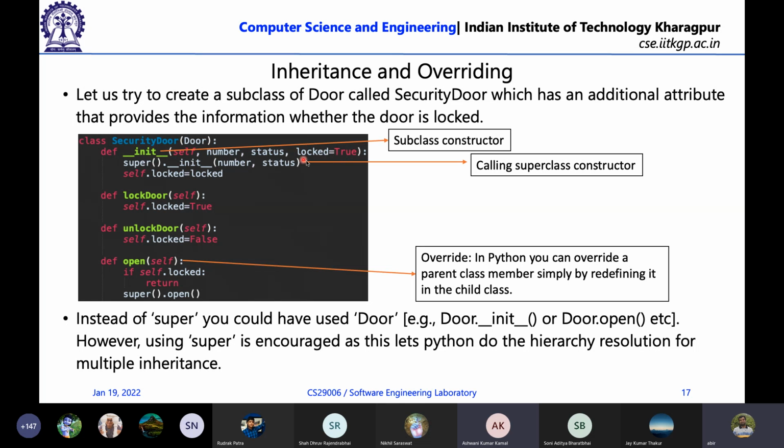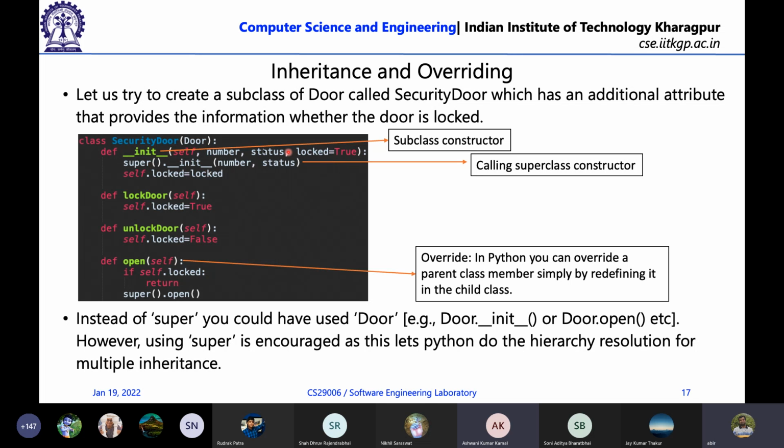If the user doesn't pass it when creating the security door object, it will take the default value as true. It can be locked equal to 1, locked equal to 5, or even None. So even if the user does not pass the value of the argument, it will just take it as None.